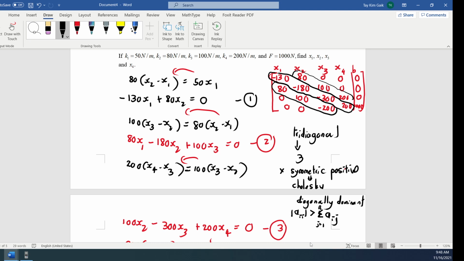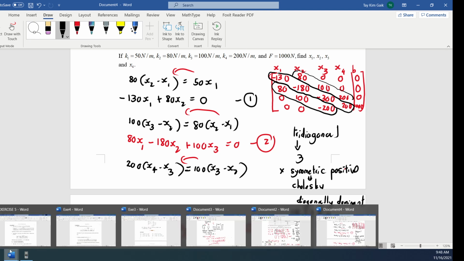First row, magnitude 130 is greater than 30, 80 is okay. Second row, magnitude of negative 180, and this is 80 plus 100. This is equal. Have to check back the condition whether it is greater or greater and equal. Let me check back.